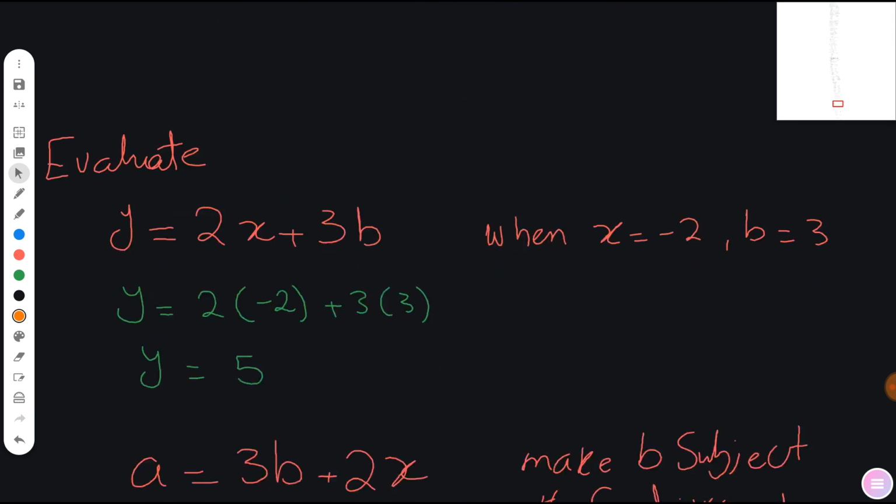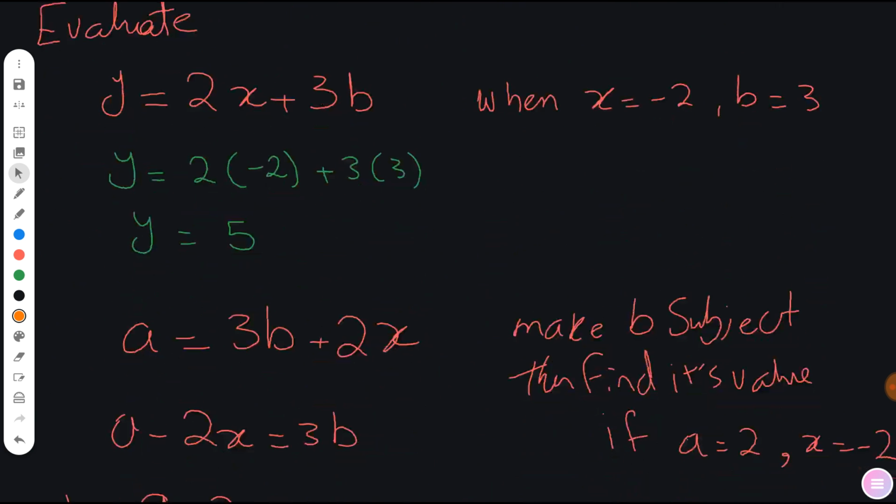Evaluate means replace the value of x instead of x, so it will be 2 multiplied by -2 in the bracket, then plus 3, replacing b with 3. Calculate: this would be -4 plus 9, the answer will be 5. The same goes for any evaluating or substituting example.